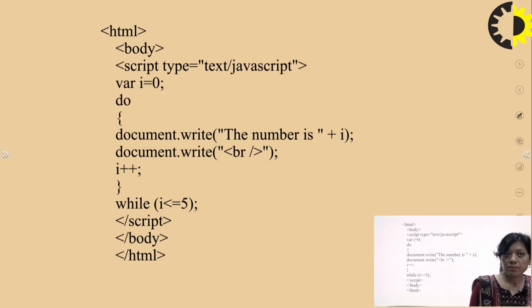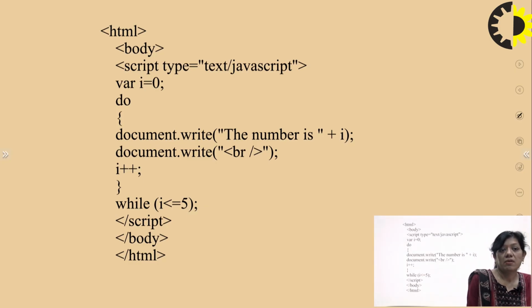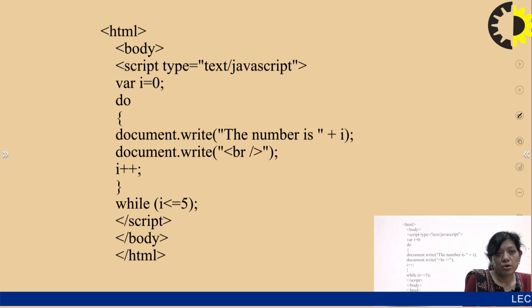So one time the loop will run, but the value would not be printed. That's why we say do while loop is the exit control loop, whereas while loop is the entry control loop, because we check the condition at the beginning of the loop.